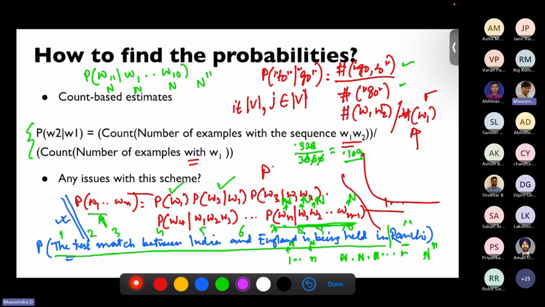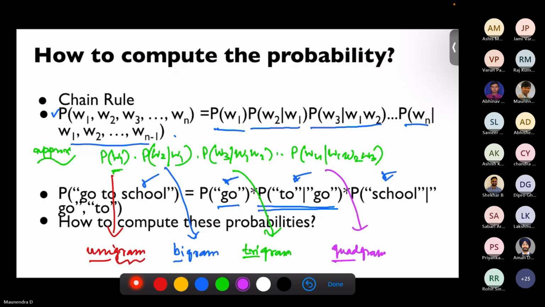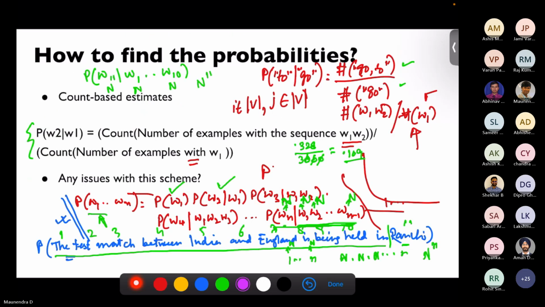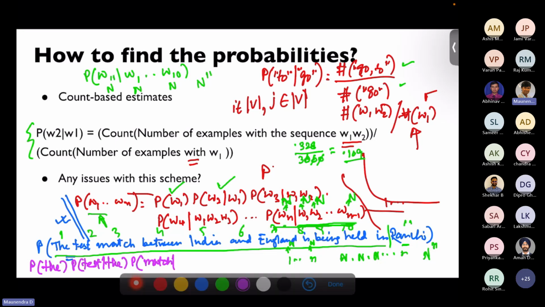Now, for this sentence, if we want to predict, we will use the probability of "the", and the probability of "test" given "the", then the probability of "match" given "the test", then the probability of "between" given "test match".